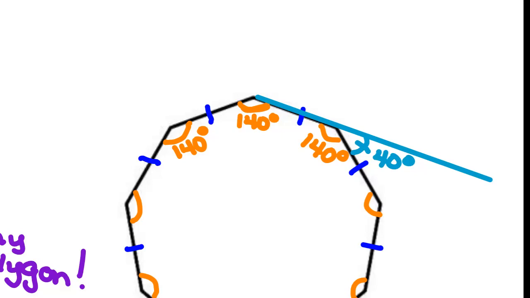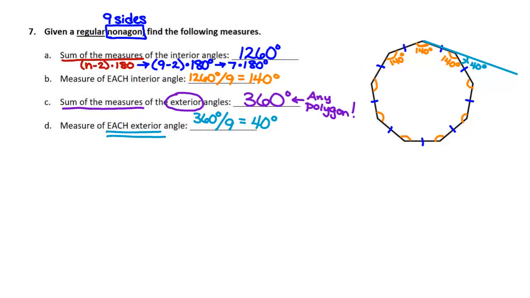What happens when you put them together? Yes, they make a straight line, which is 180 degrees. That's absolutely correct. So my interior and exterior angles, when they're side by side like this, are always going to add up to 180 degrees. So far, so good? All right. Let's flip the page.